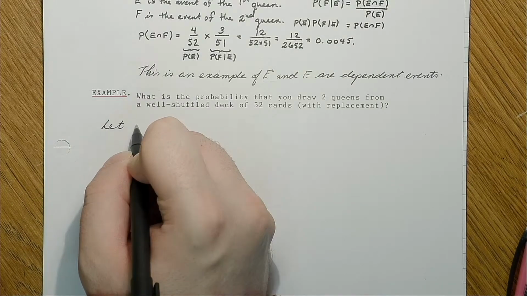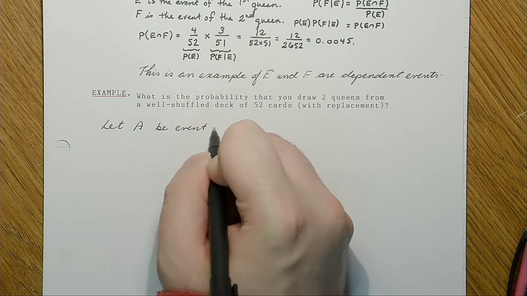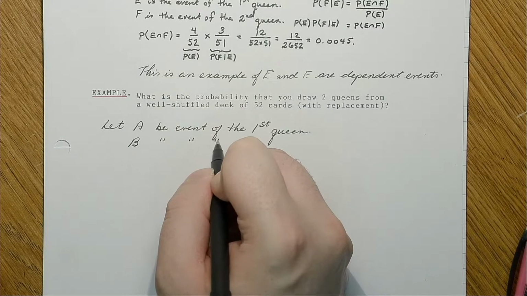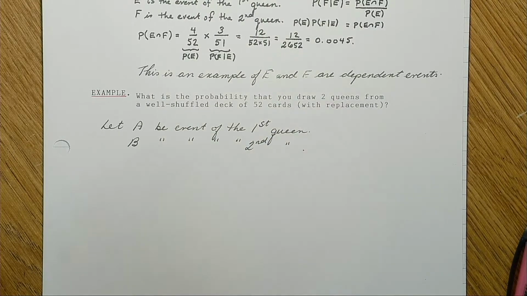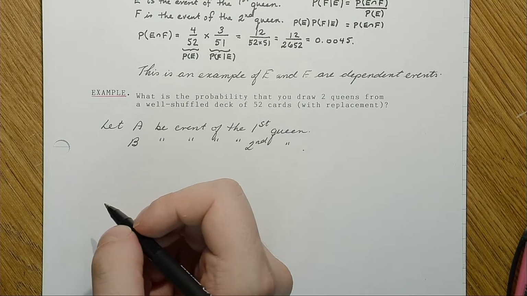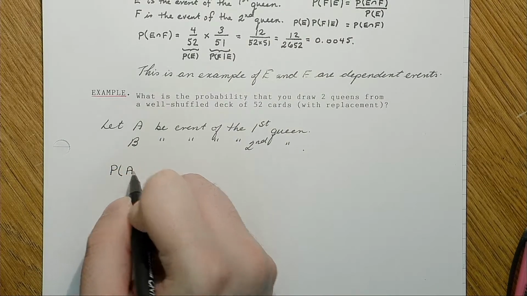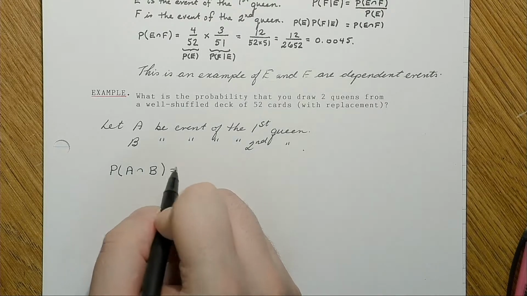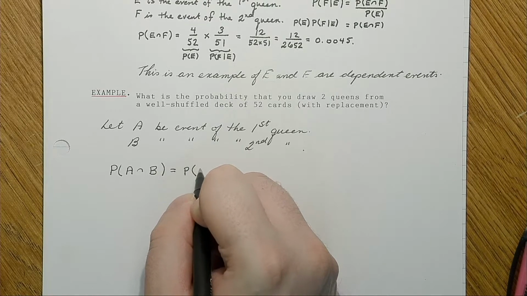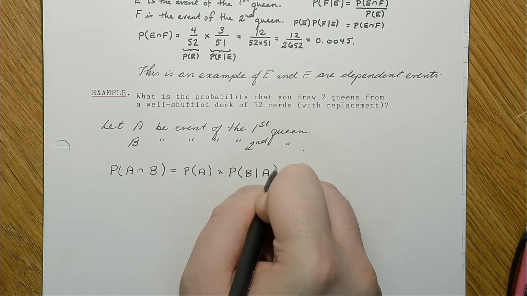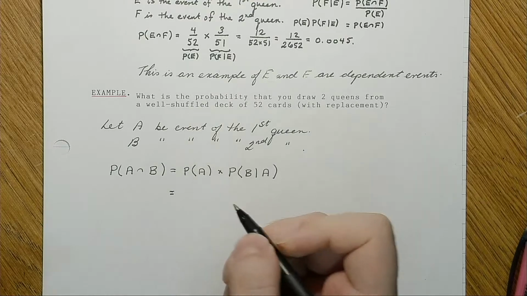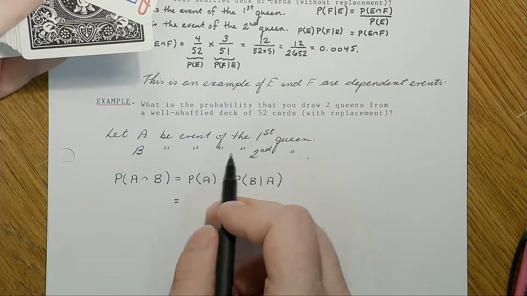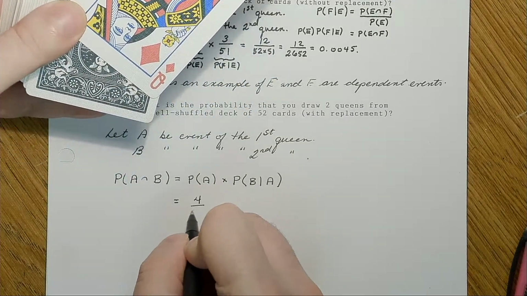We'll say let A be the event of the first queen, B be the event of the second queen, so what we're asking for then is the probability of A and B. So using our multiplication rule, we'll have the probability of A times the probability of B given A. Here the probability of drawing a queen on the first card, there's 4 queens out of 52.